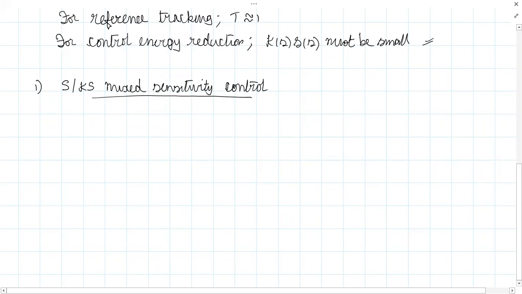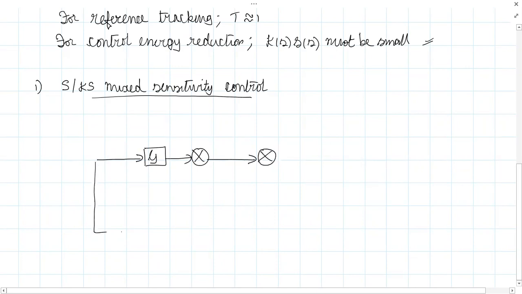So we will consider a regulation problem, in which a disturbance is entering, right? Let us take a figure like this. This is G. What is G? G is the plant transfer function. This is the summing point. Here we have another summing point.